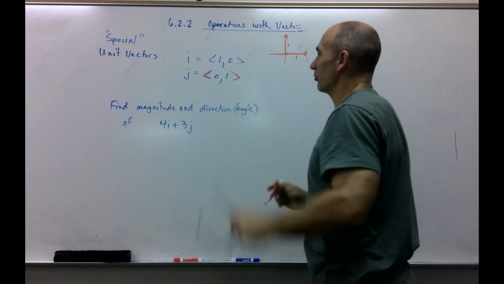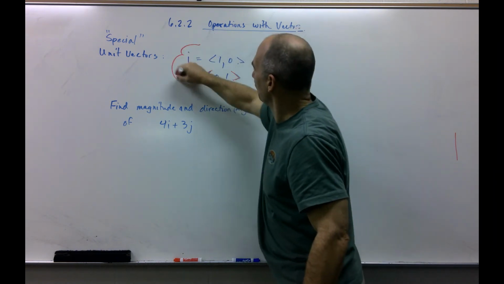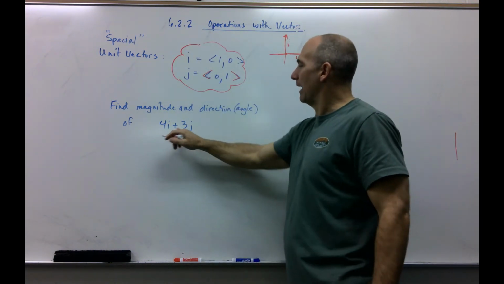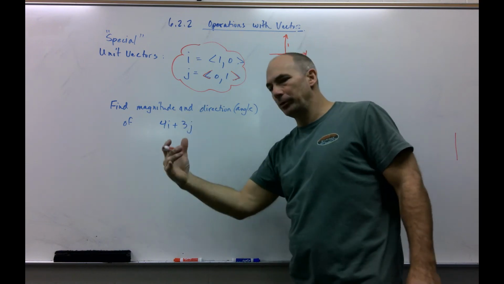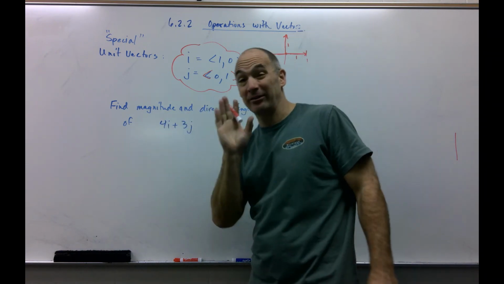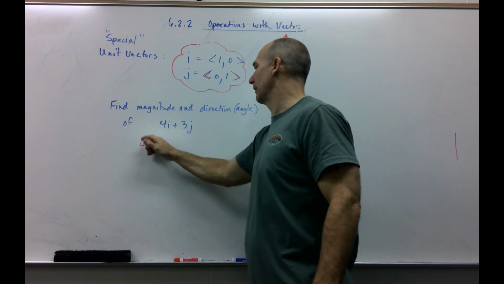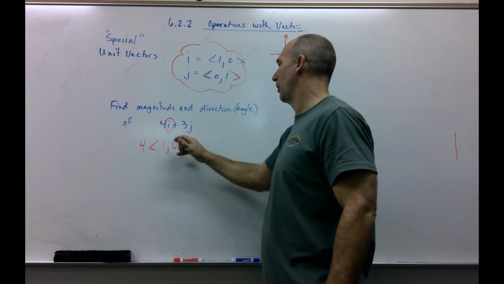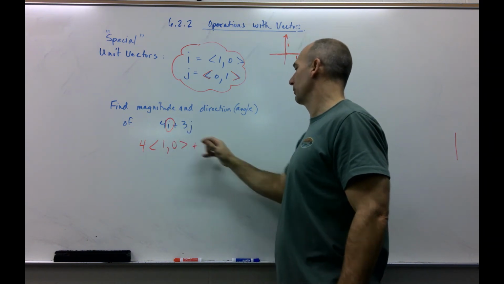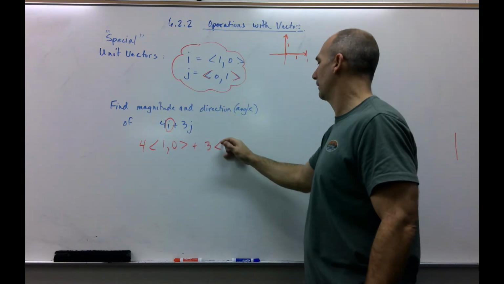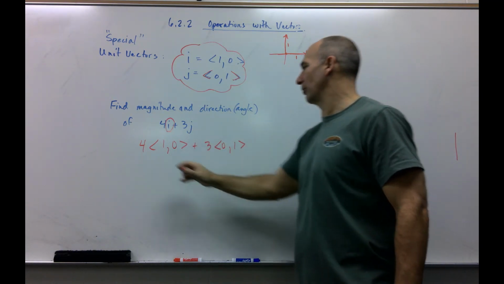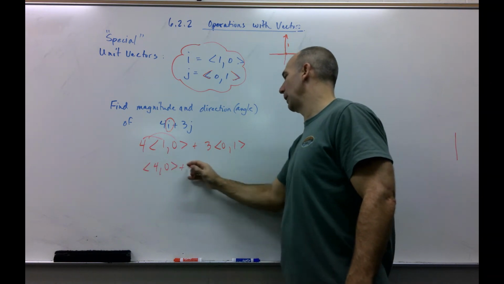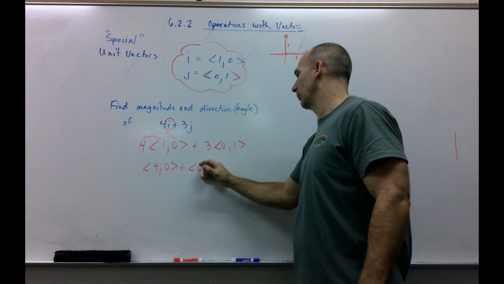Now, what's interesting is, after you've dealt with 10 million of these, you'll realize these i's and j's are not that valuable. I hate to say that, but what is this? Well, it's 4 times the unit vector i, which is 1, 0, plus 3 times the unit vector j, 0, 1, and if we just distribute, we get 4, 0 plus 0, 3.